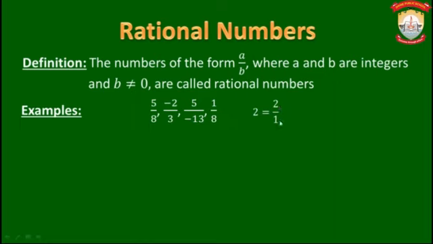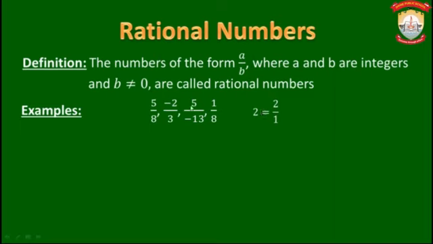So we can write 2 as 2 upon 1. Both are the same. Thus 2 is also a rational number. From this discussion we conclude that all the integers, whole numbers, natural numbers and fractions are rational numbers.